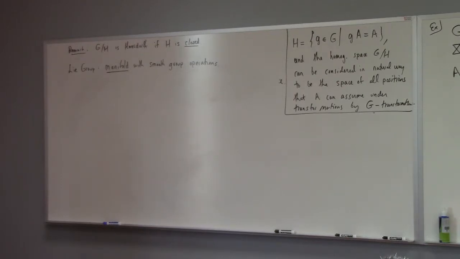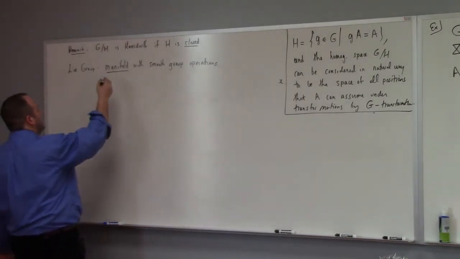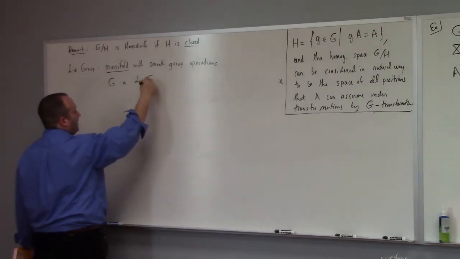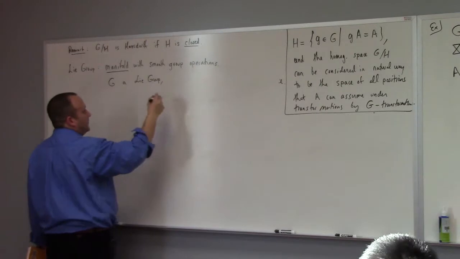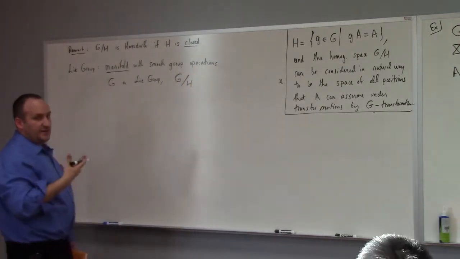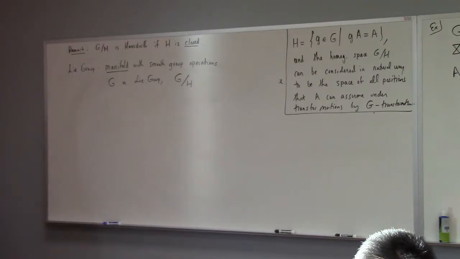So if G was a Lie group, and you wanted G mod H to be a manifold in its own right, what would you need about H?